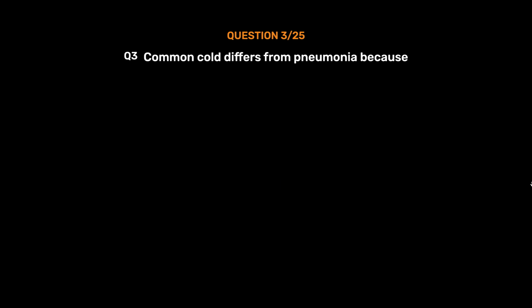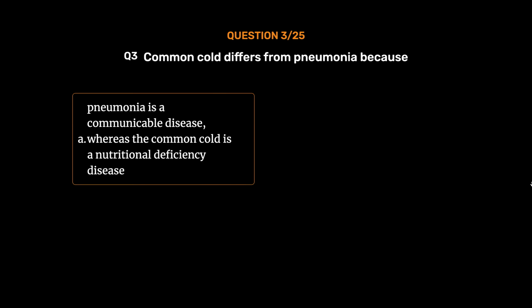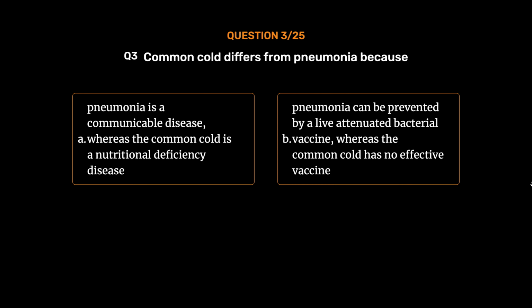Question number 3. Common cold differs from pneumonia because. Option A. Pneumonia is a communicable disease, whereas the common cold is a nutritional deficiency disease. Option B. Pneumonia can be prevented by a live attenuated bacterial vaccine, whereas the common cold has no effective vaccine.